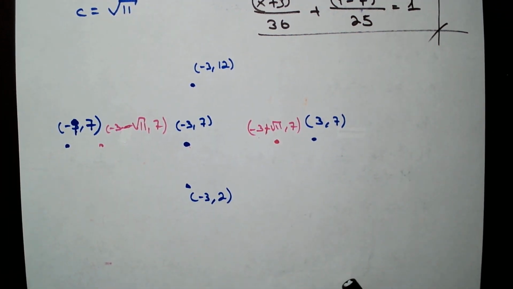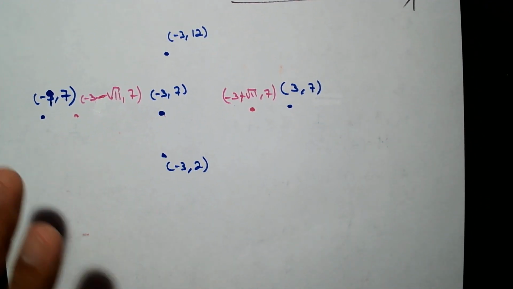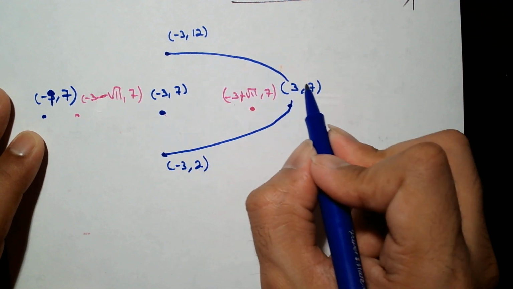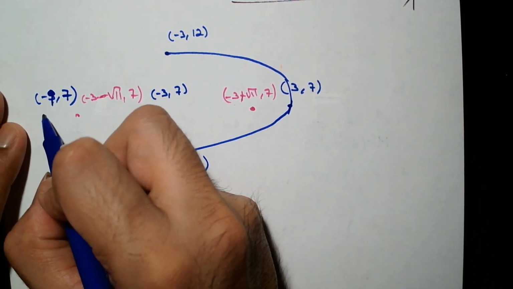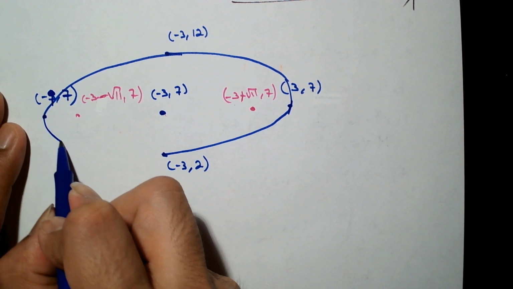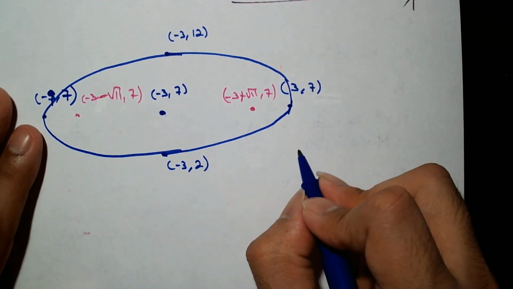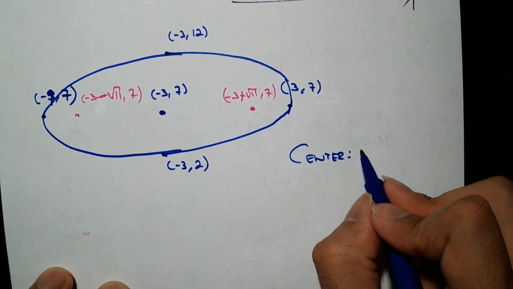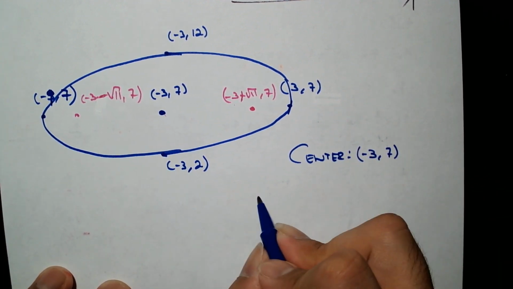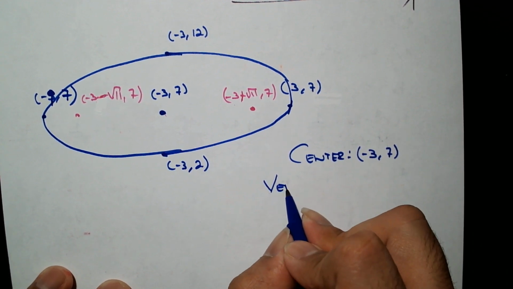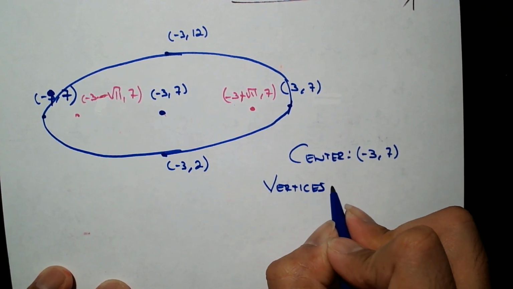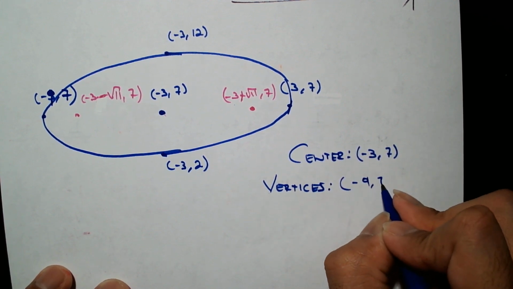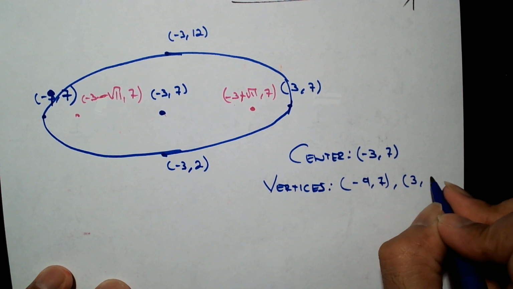So let's list everything now as we usually did. Okay, this is my ellipse. Center, negative 3 comma 7. Vertices, negative 9 comma 7 and 3 comma 7.